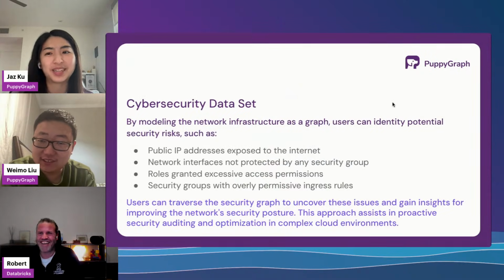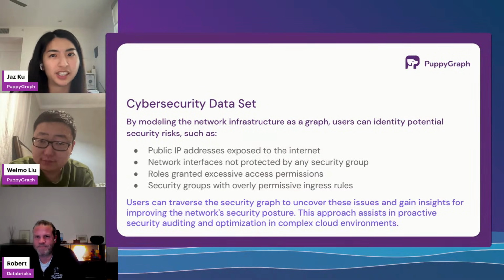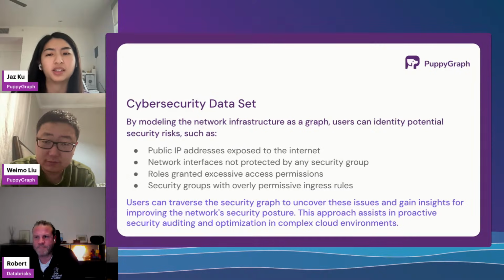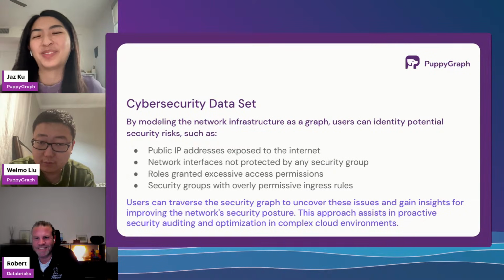And so we're working with the cybersecurity data set today, and I really like talking about cybersecurity when it comes to graphs because you really understand, wow, it's hard to map all these complex paths, right? Nothing's more complex than a network infrastructure. That's hyperbolic, but yeah.